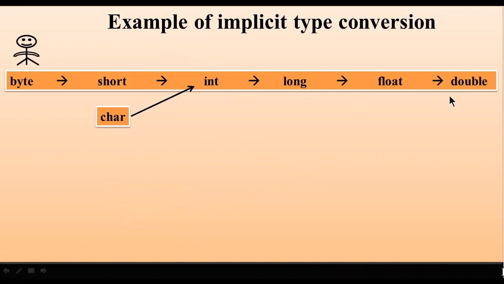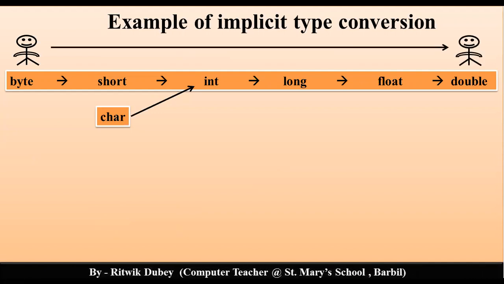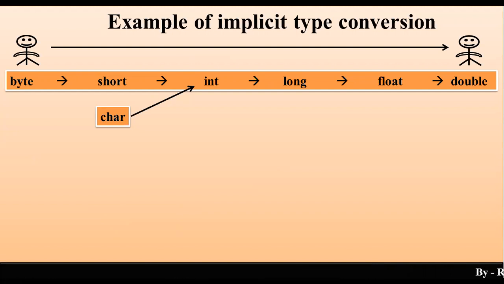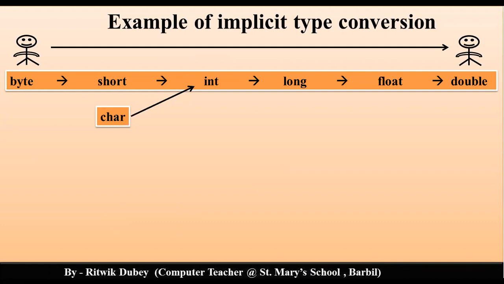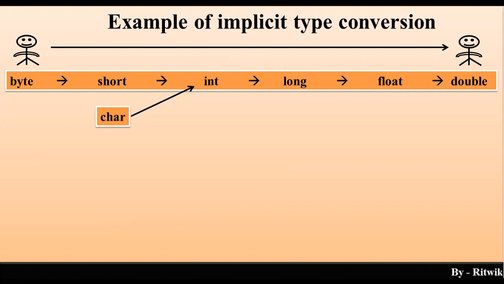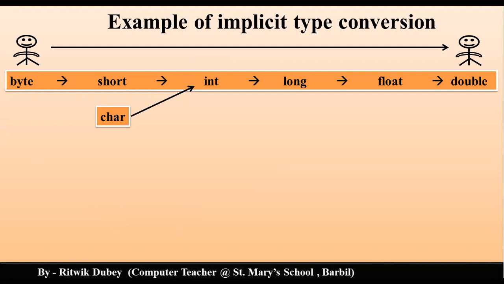Now, if you are standing over byte and you have to convert a byte type value to a double type value, what is the direction of conversion? The direction of conversion is from left to right. That means it will be done automatically, and since it will be done automatically, it will be called implicit type conversion.